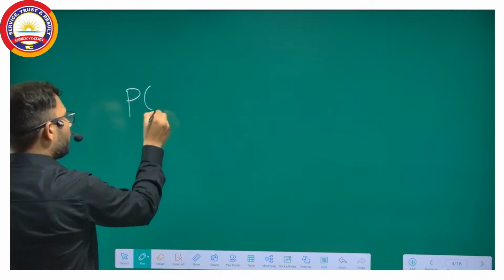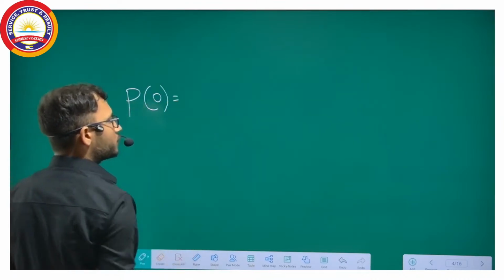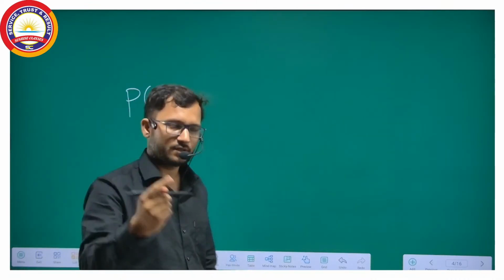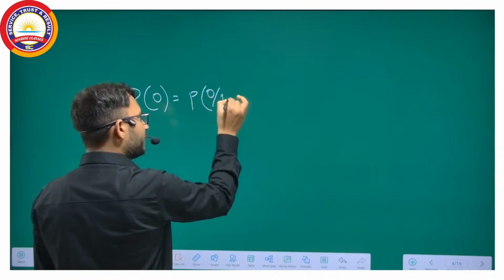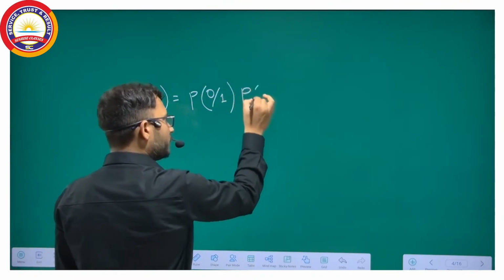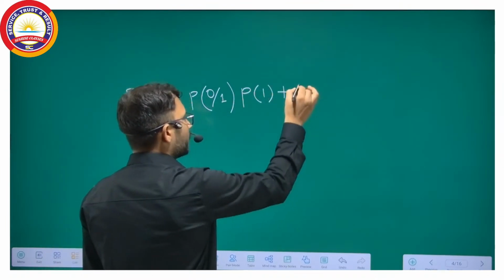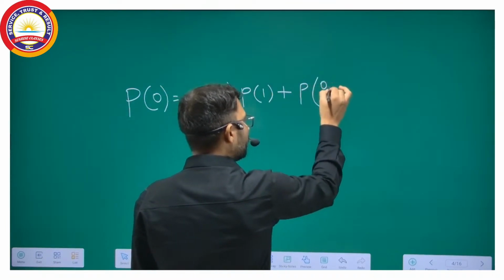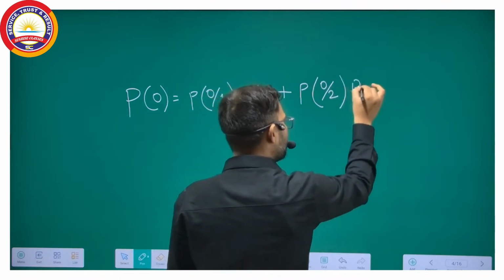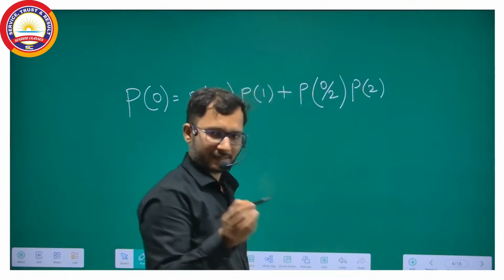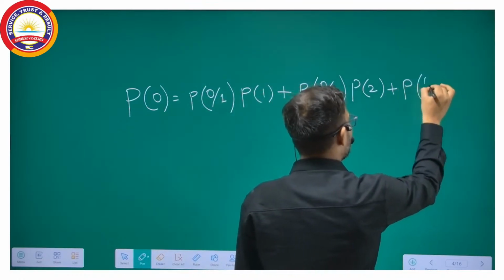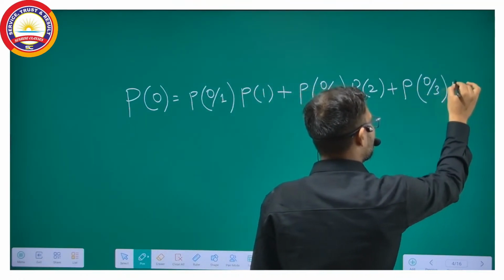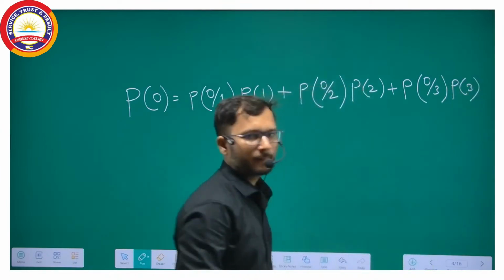Probability of O will be equal to, there are three situations: probability of O given 1 into probability of 1, plus probability of O given 2 into probability of 2, and probability of O given 3 into probability of 3. Getting my point?